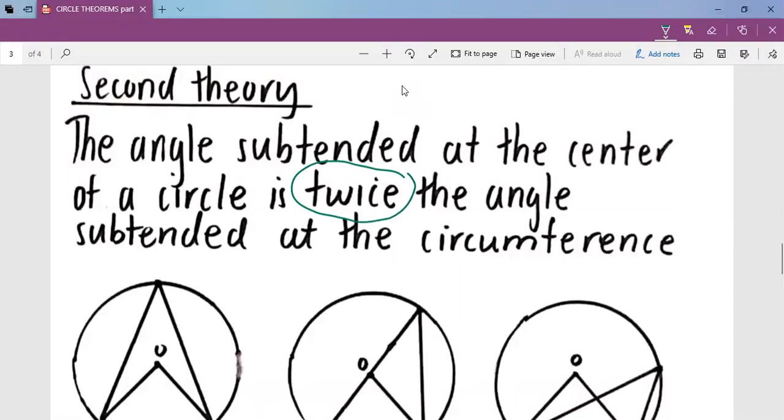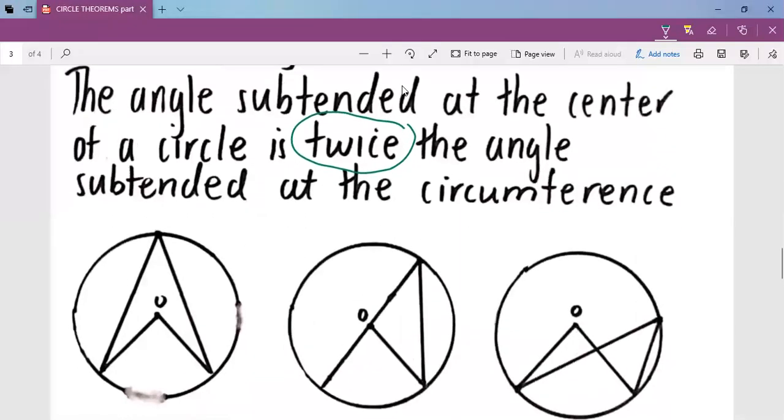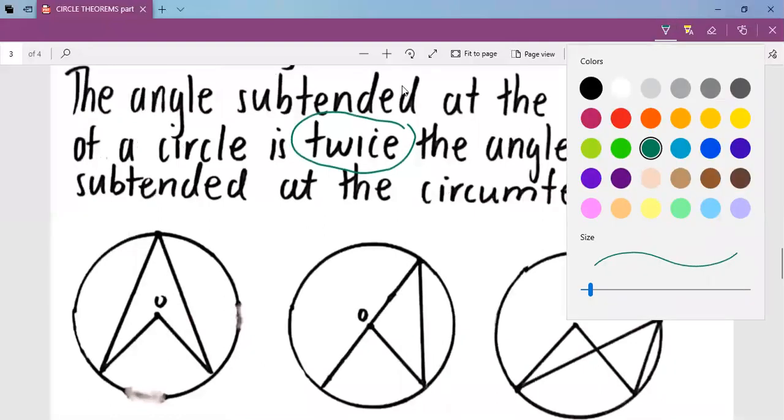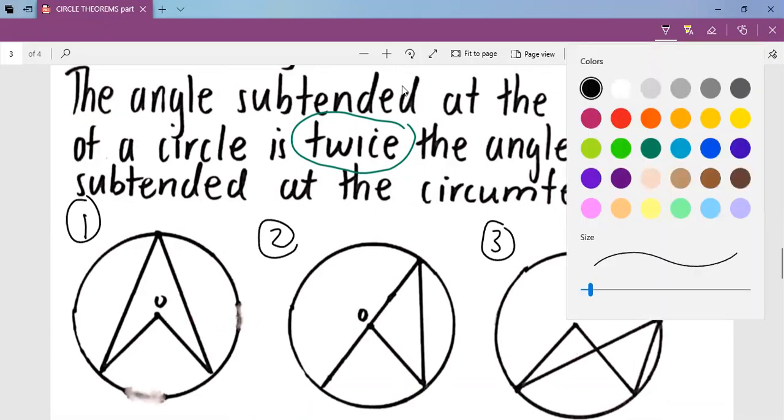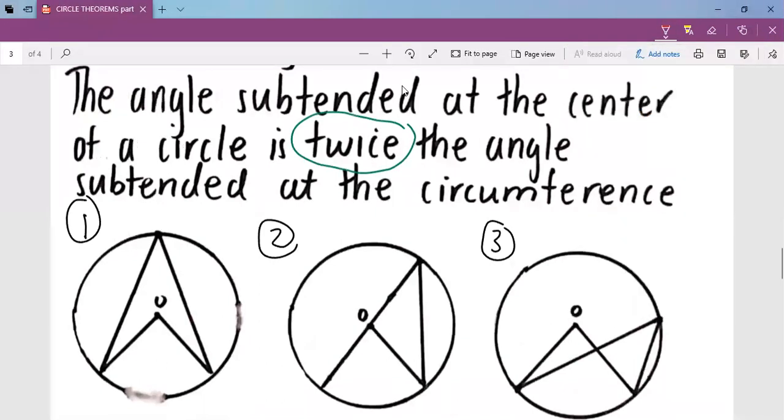This means the angle which is formed at the center of the circle will always be 2 times bigger than the angle at the circumference. Therefore, look at number 1.